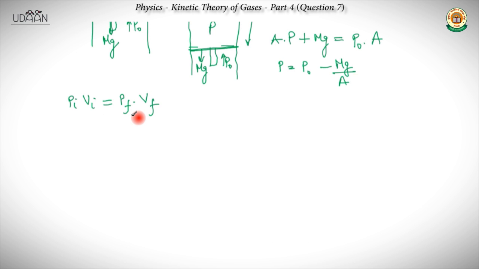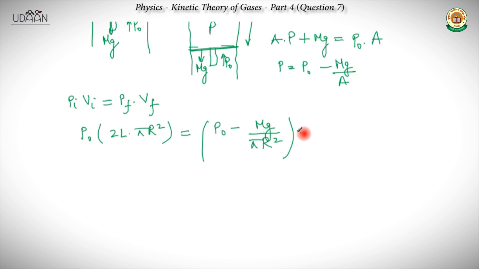So let's do that. The initial pressure was P naught and the volume was 2L into the area, which is pi r square, equal to the final pressure P naught minus mg divided by pi r square, into the final volume 2L plus x into pi r square.